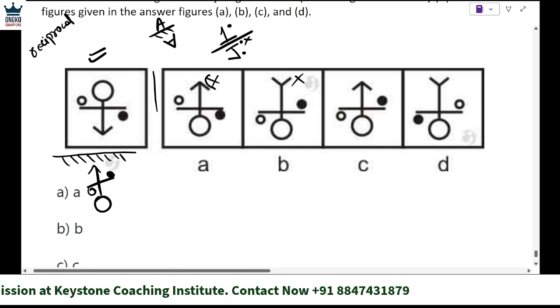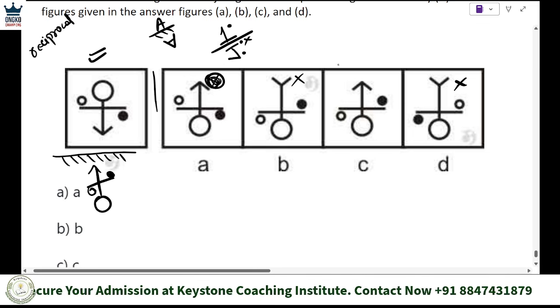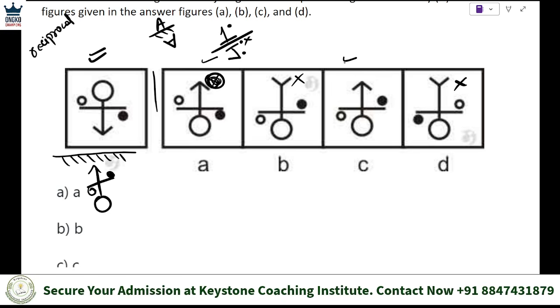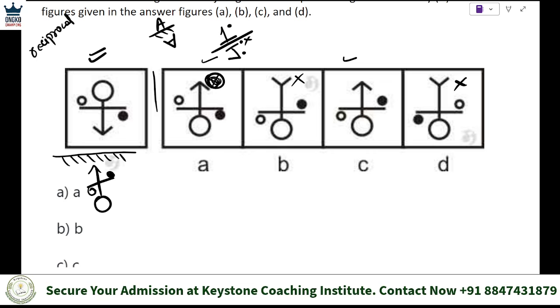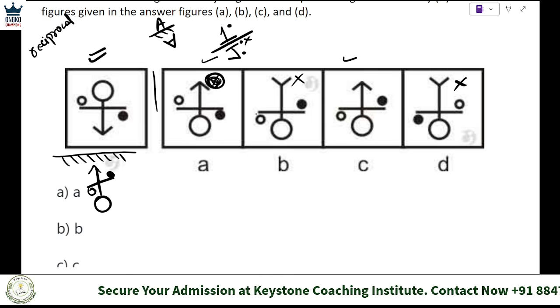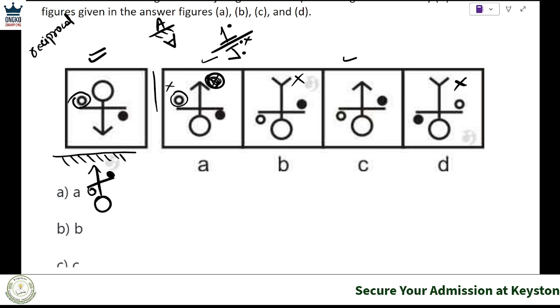Alright, let's keep this one. This one has no chance, and this one also has no chance. So option A or option C should be it. But the reverse is not looking right to me. That means here, it should be here.